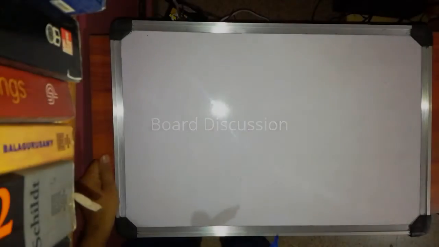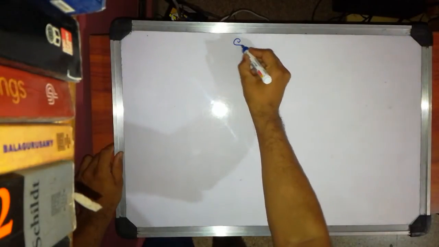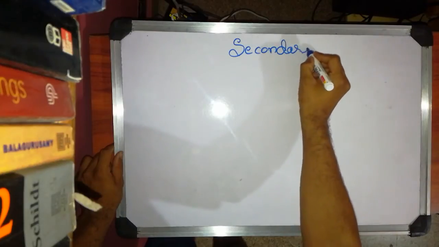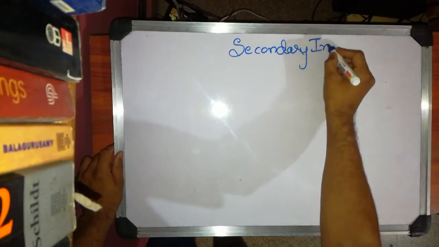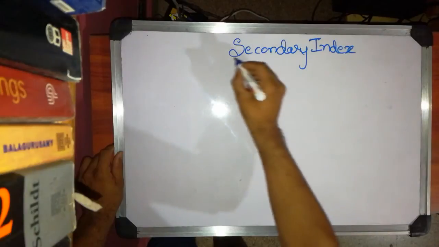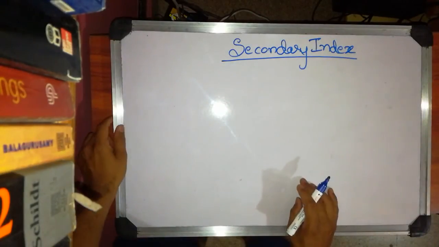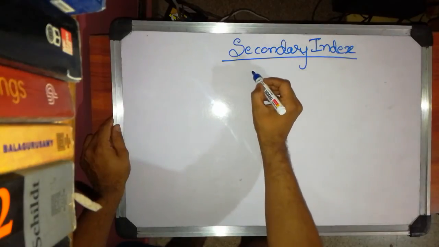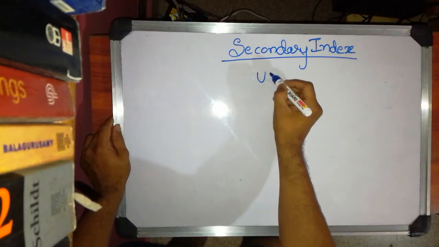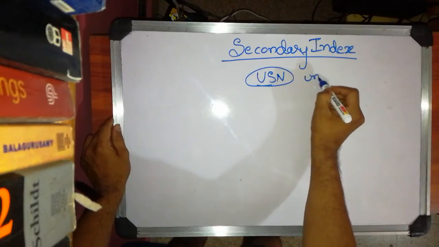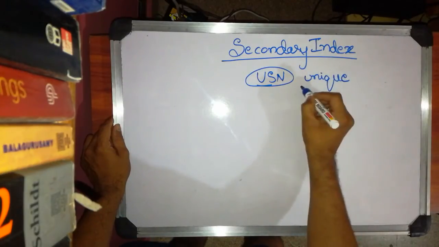So this is about creating a secondary index. So we'll see what is happening here. In the primary index, we know that we had our primary index as USN because this was unique, right?